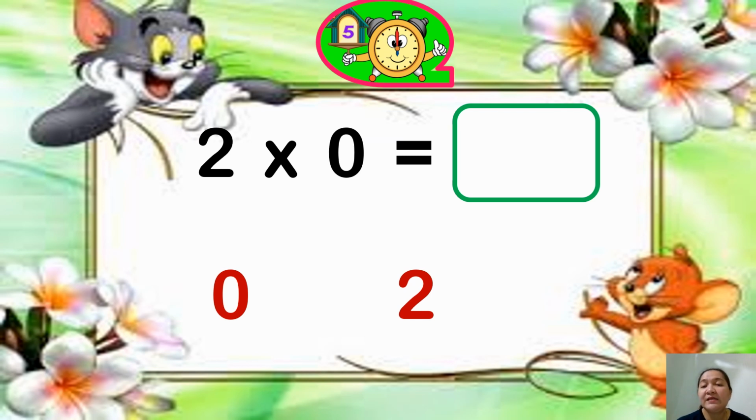So the correct answer is 0. So any number that you multiply by 0, the answer is 0. So even if it is 0 multiplied by 10, 20 multiplied by 0, the answer is always 0. Okay?